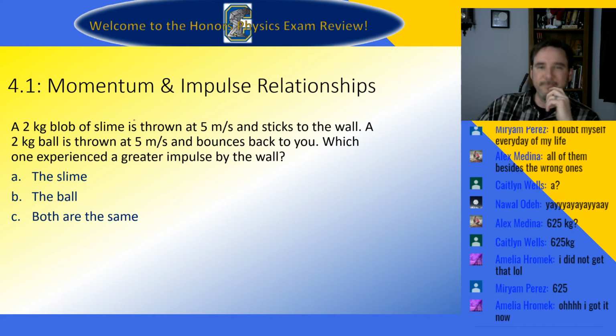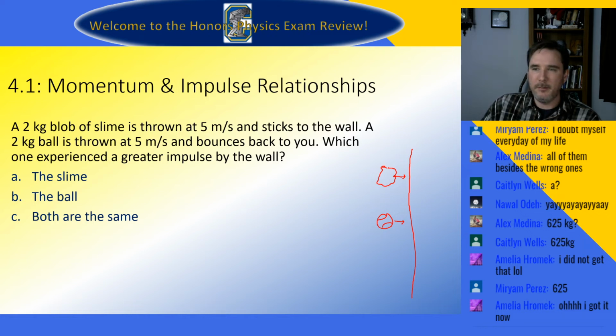This was interesting. I tried to find an animated GIF about this, and I couldn't. I thought, well, I'll just record it myself, and I didn't because things happen. I just made this up today. So we have a wall, and we have a blob of slime thrown against the wall, and we have a ball thrown against the wall.